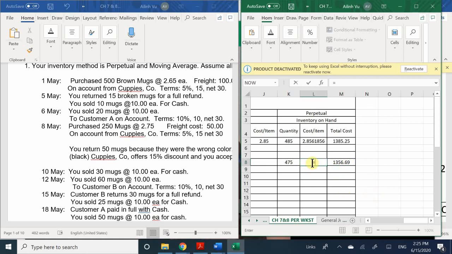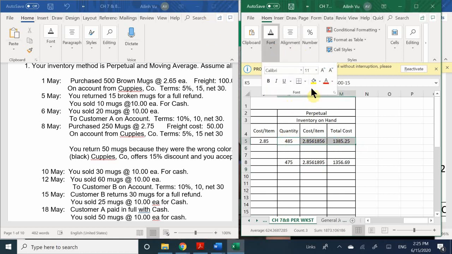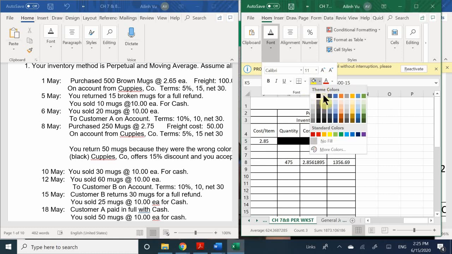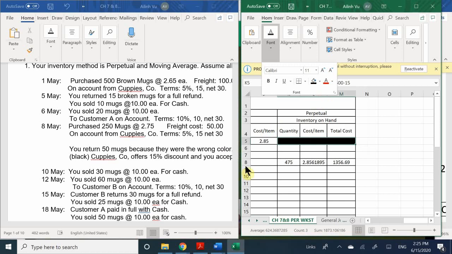And then what I'm going to do here is divide them. So now my new number is going to be the same. I'm going to take this and black it out because I no longer have this anymore. The reason I want to do this is because as I go down the table, instead of scrolling up all the time, it's going to be right here.